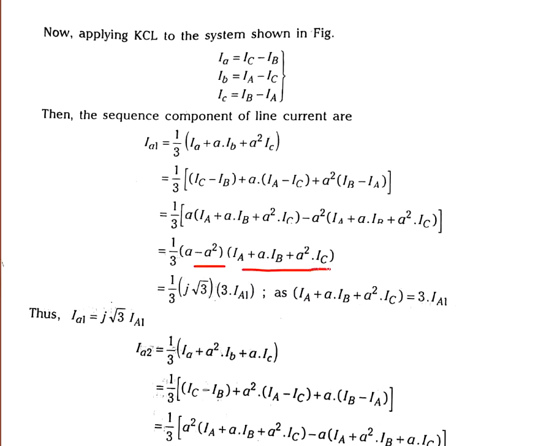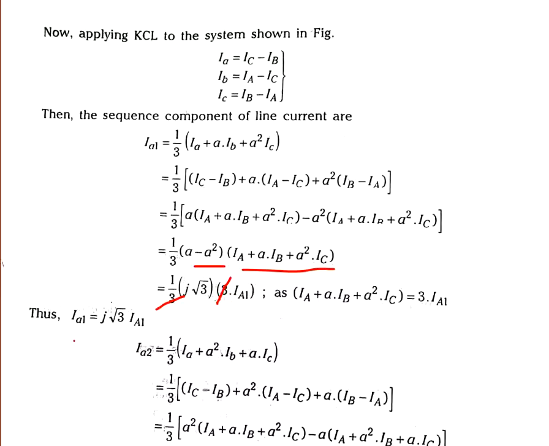This we have derived in the last class only, in star connected systems. IA plus A IB plus A square IC gives 3 IA1. So the positive sequence component of line current is 1 by 3 times j root 3 into 3 IA1. Now this 3 will get cancelled. Finally, you will get IA1 equals j root 3 IA1.